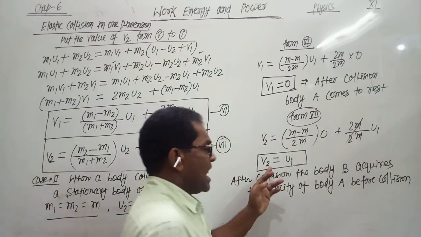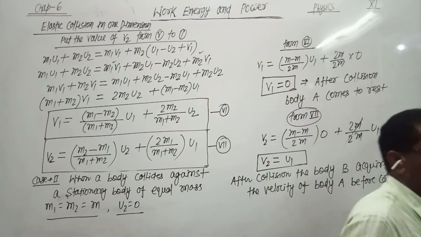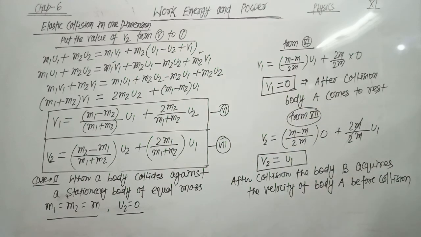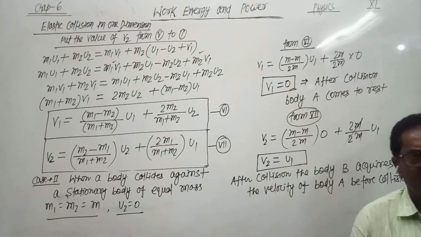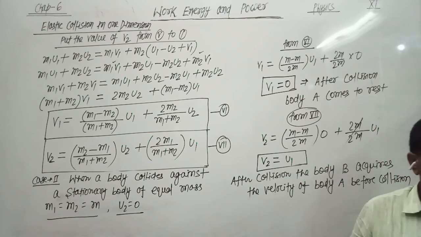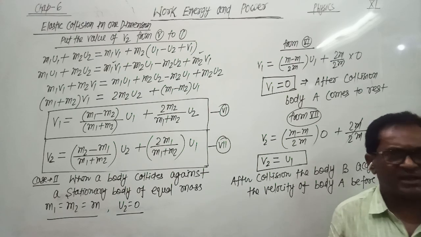After collision, the body which was at rest, body B, acquires the velocity of body A, and the body which was moving initially comes to rest.